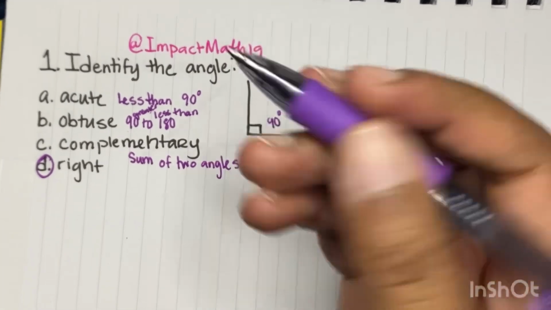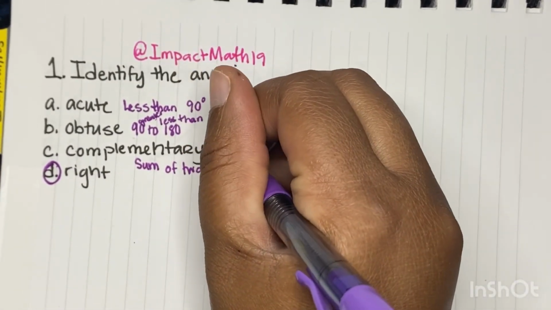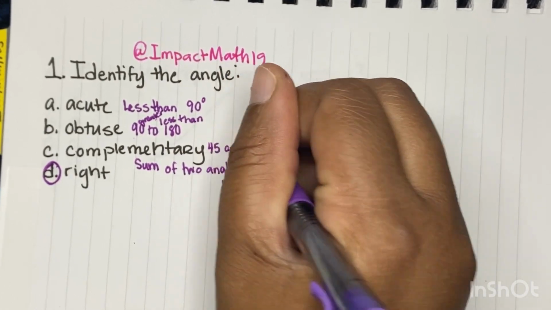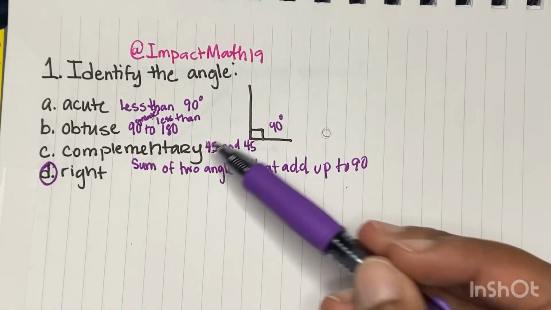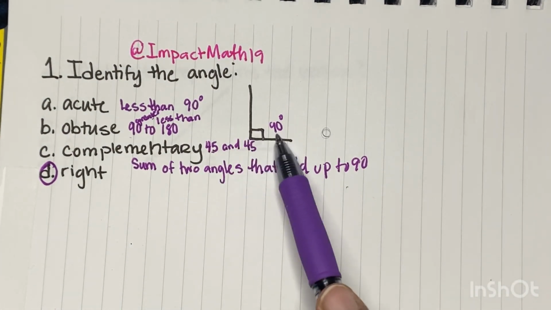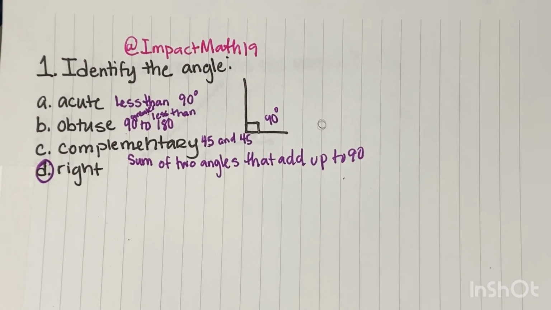So for example, complementary angles would be 45 and 45, because 45 plus 45 gives you 90. So it's two angles, not just one here. So that's why it's not a right angle. Alrighty, let's jump to the next.